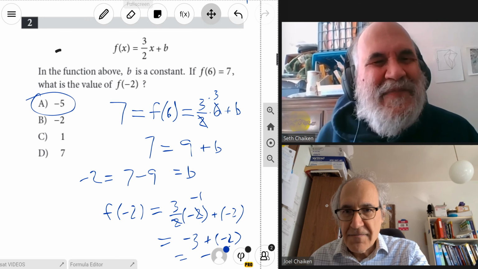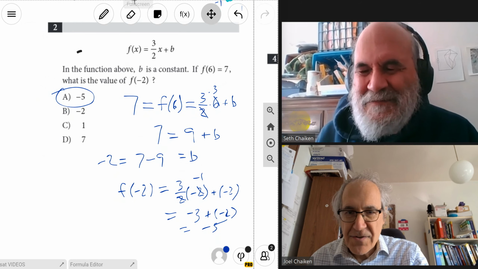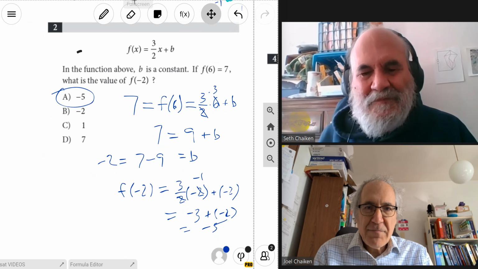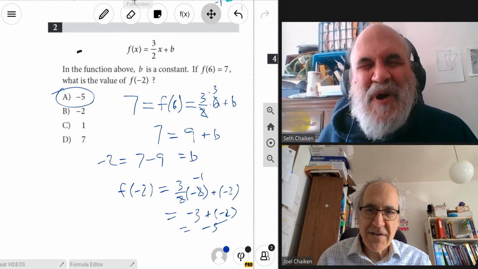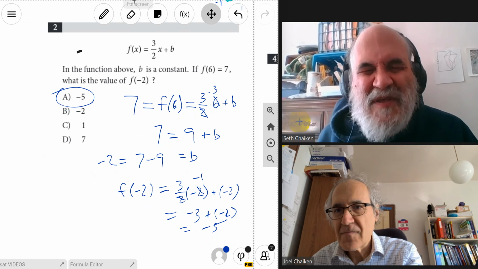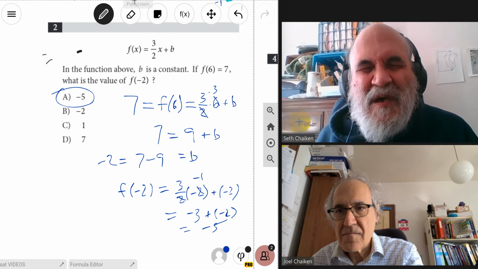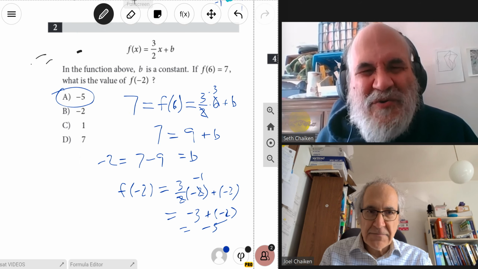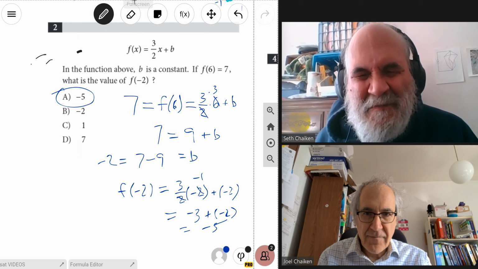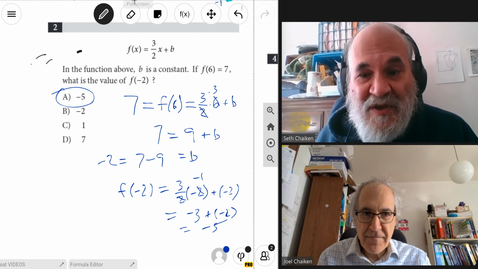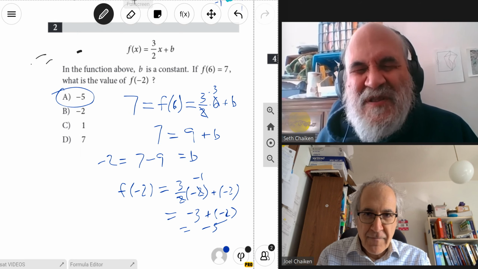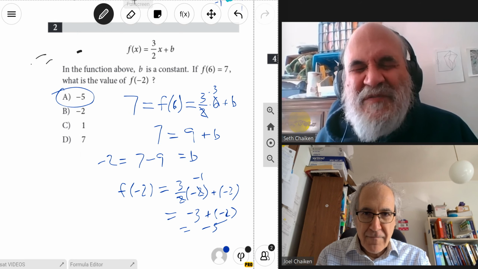That looks great. That's plain vanilla standard solving for b, given a point on the graph. We get to solving for b by following your nose the information that's given, until you get information that will give you the answer.